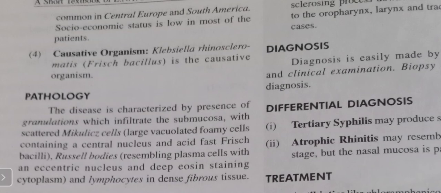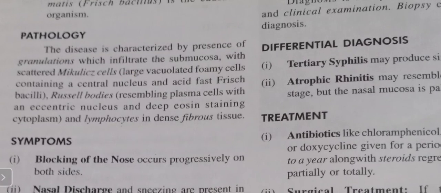Okay, the pathology. This disease is characterized by the presence of granulations which infiltrate the submucosa, with scattered mucous cells. There are large vacuolated foamy cells, then Russell bodies, and plasma cells with eccentric nucleus, and lymphocytes. So you have to mug up this pathology.